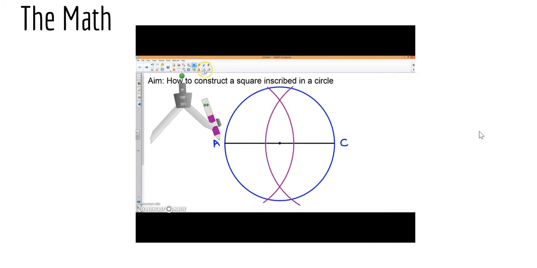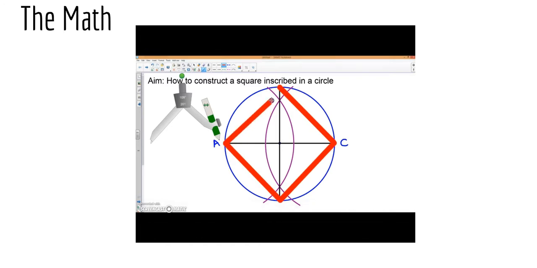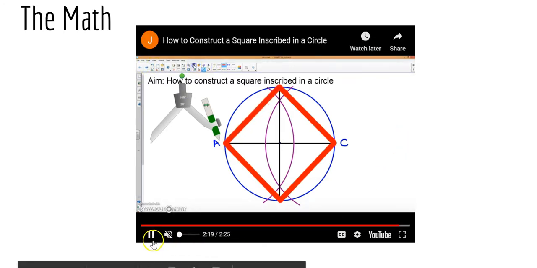And once we've done that, we've located the four vertices of the square. The four vertices of the square are going to live at A, at this point, at C, and at the point below, and we can name those as well. And there's our construction of our square. Notice how important the perpendicular bisector was in defining those two other points.